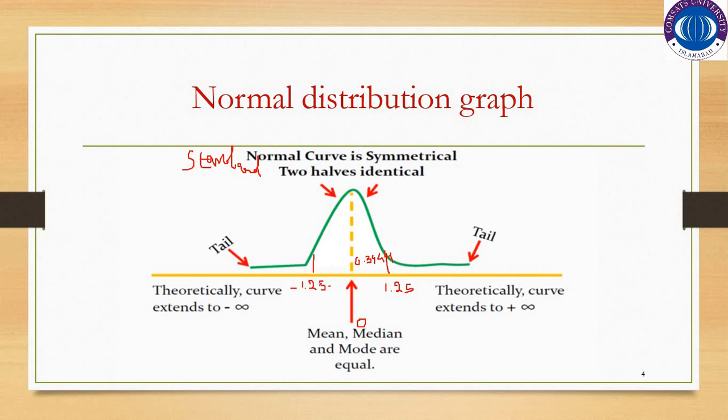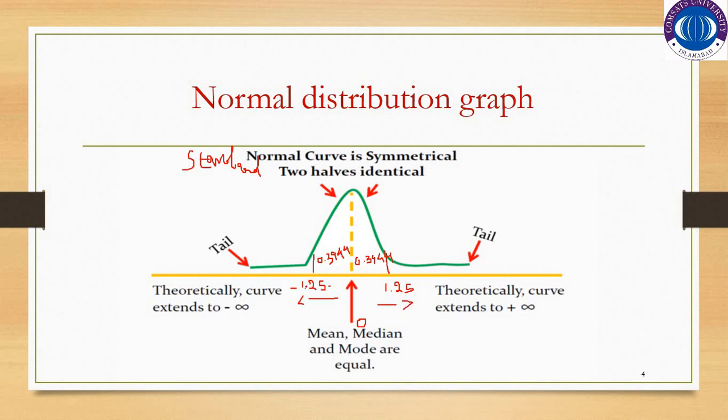So the area between minus 1.25 and 0 should also be 0.3944, because both have the same magnitude, but they are in opposite directions. This one is in this direction and this one is in this direction.